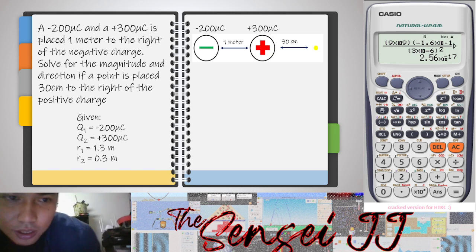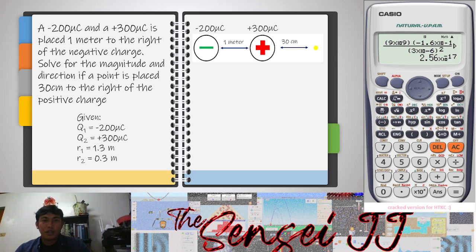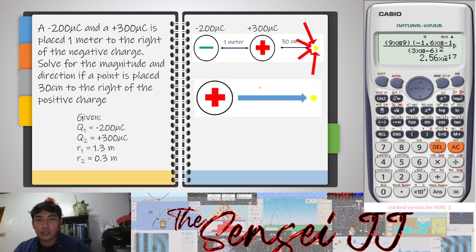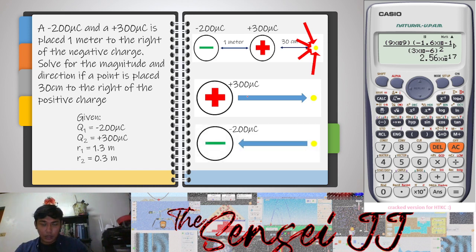Okay, so let's try to discuss this one. As you can see, we have our electric point in here. Our positive charge will be moving towards our point, and we have a positive 300 microcoulomb charge, and we have here a negative 200 microcoulomb charge that the point is moving towards.